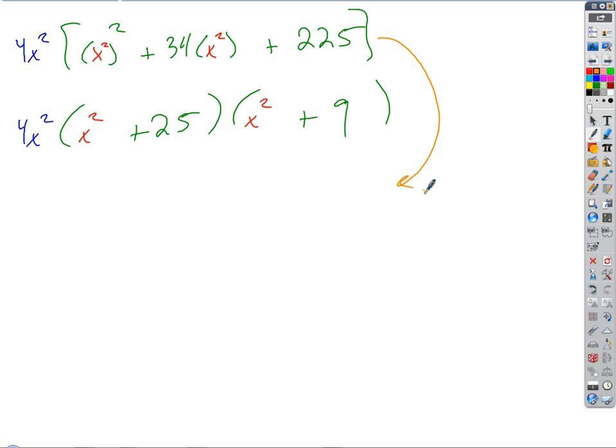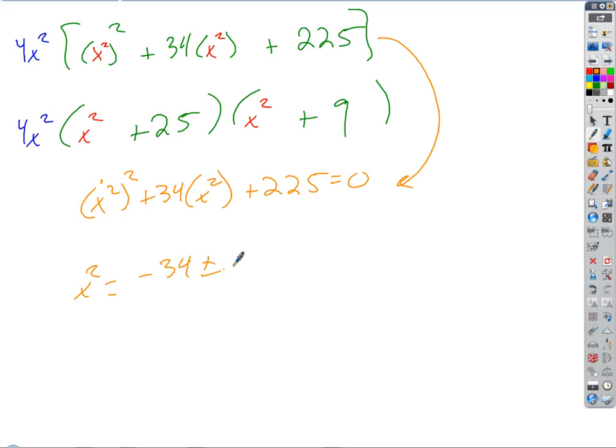What if we had set this up, pretend it was equal to 0, right? If that were equal to 0, what would we have gotten? The quadratic formula would have been, instead of x equals, it would have been x squared equals, right? X squared equals negative b plus or minus the square root of b squared.